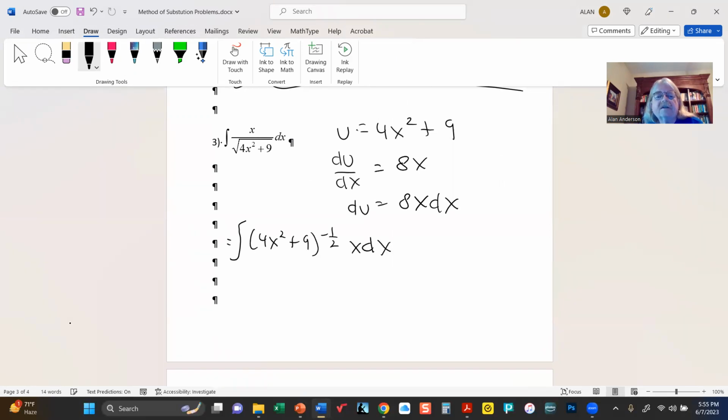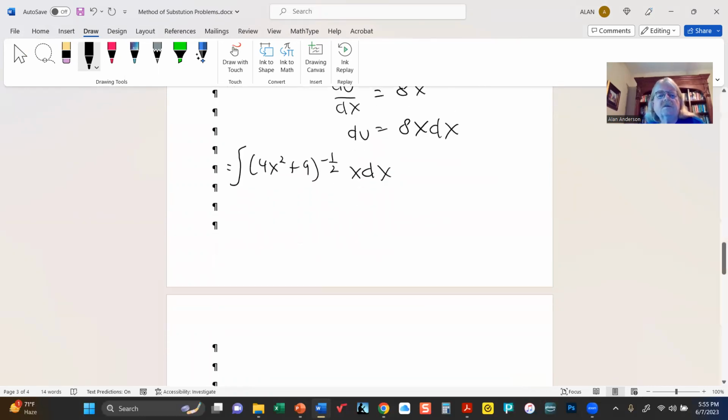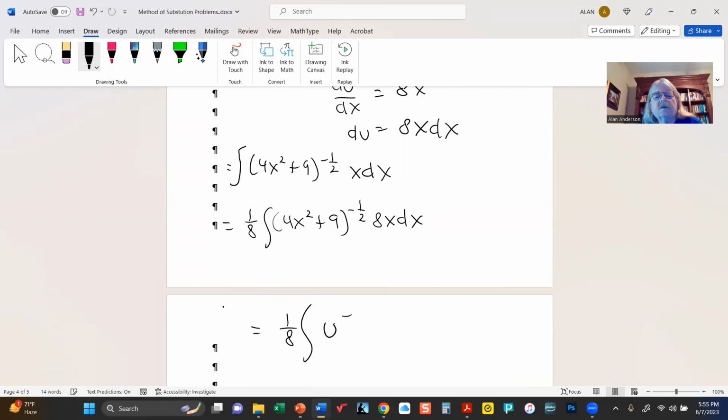But we need 8x dx. So therefore, we'll supply it ourselves. So this time, in a similar way to the other one, what we can do now is rewrite this as u to the minus 1/2 du.